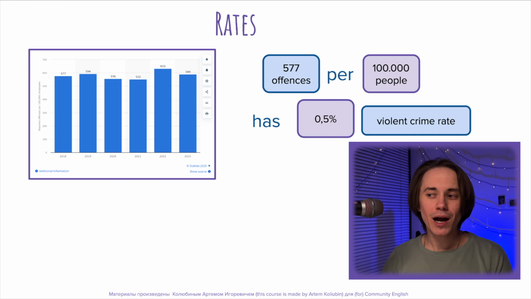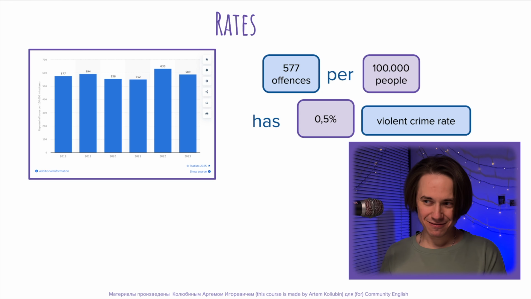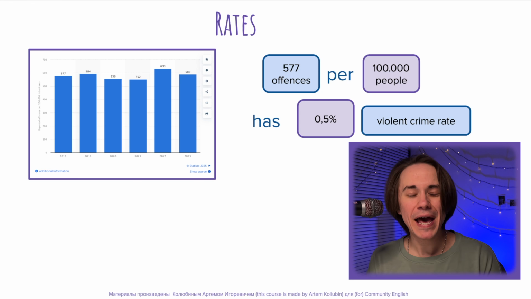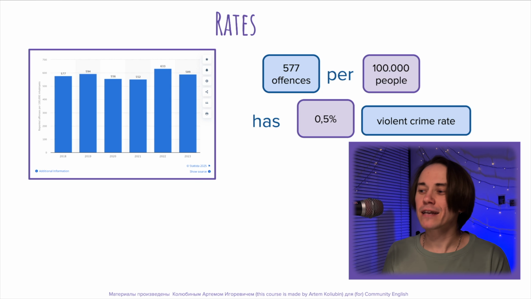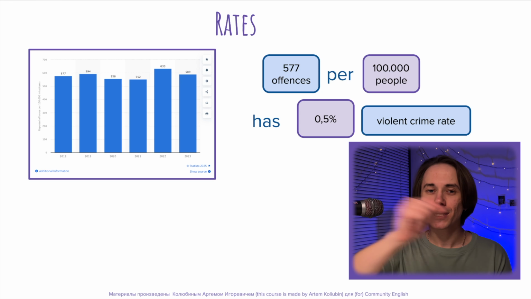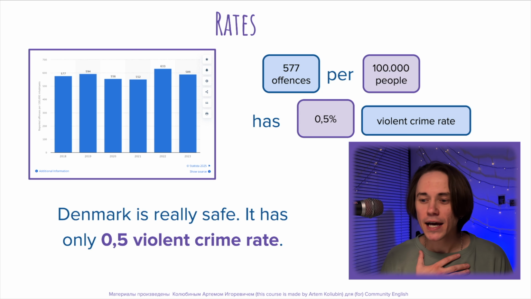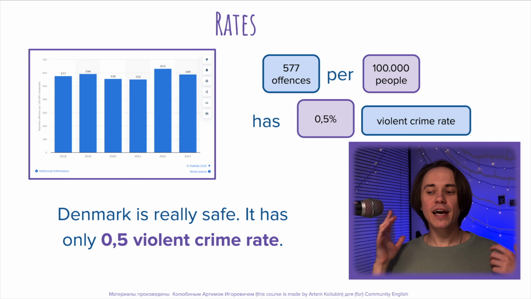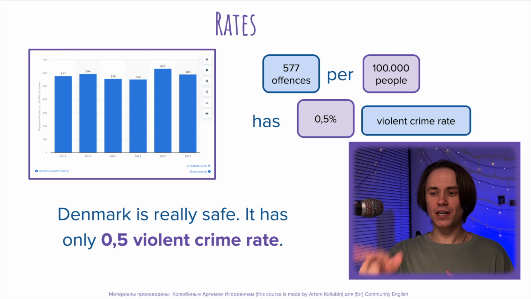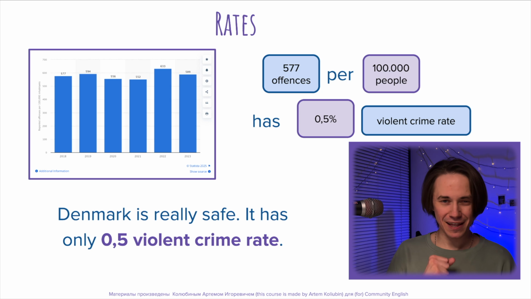And we would get around 0.5%. So we can say that Denmark has 0.5% violent crime rate. That's the way you can read this graphic. So, for example, you can see Denmark is really safe. It has only 0.5% violent crime rate. So percent here is missing. Sorry, guys, but you get an idea.